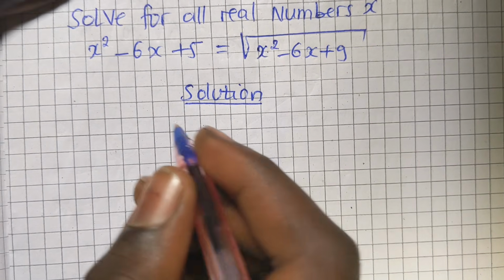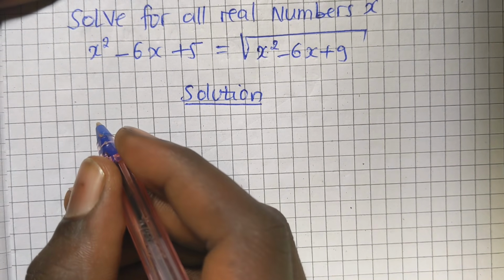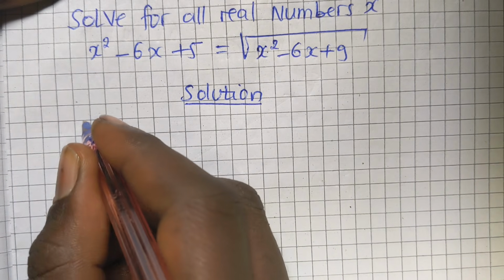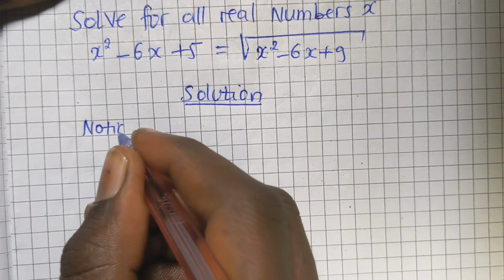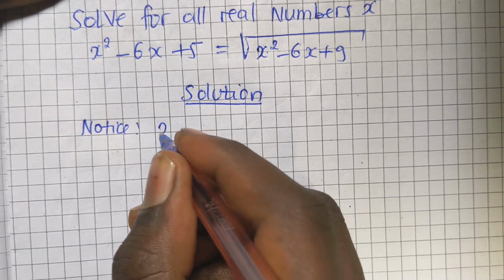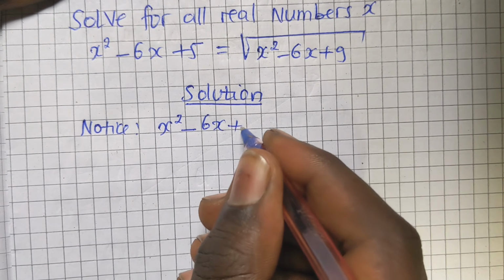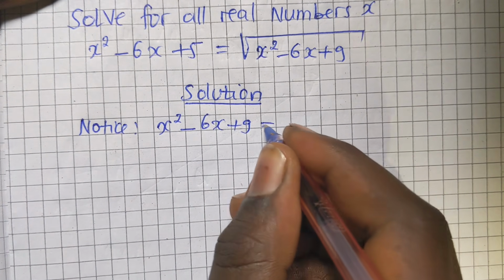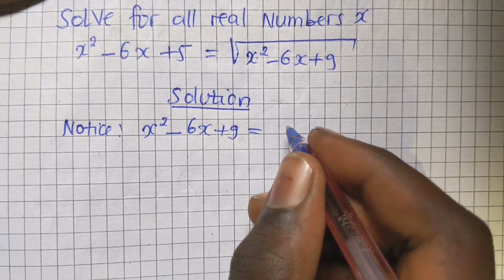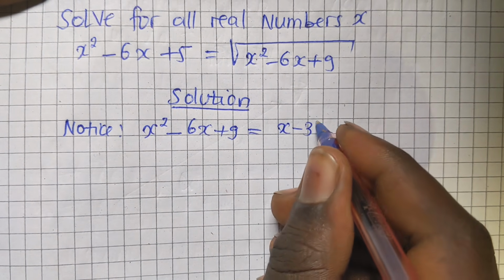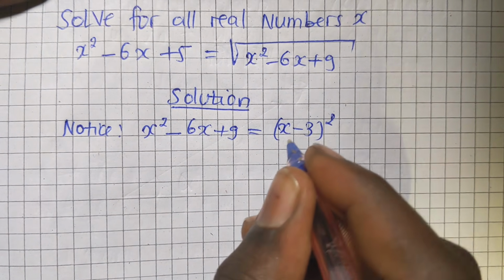But before we start finding the solution, we should notice that x squared negative 6x plus 9 is a perfect square, which will be equal to (x negative 3) squared.